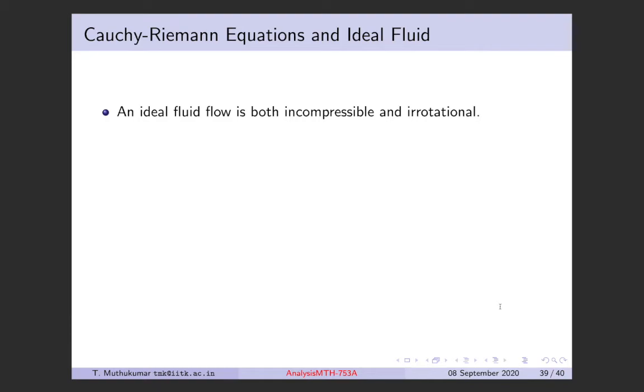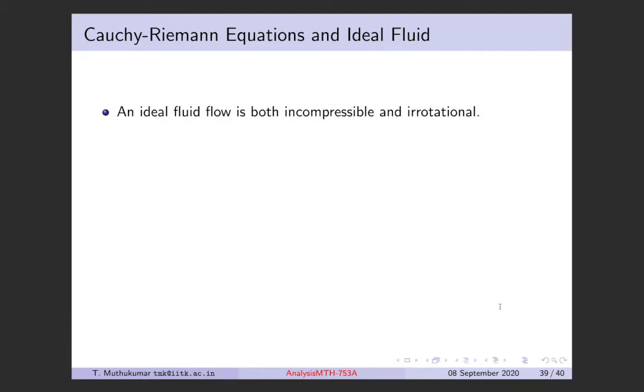And irrotational means that during the flow, the fluid does not show too many vortices or rotations, right? Because those are complicated things to understand. So an ideal fluid flow is one that is both incompressible and irrotational.